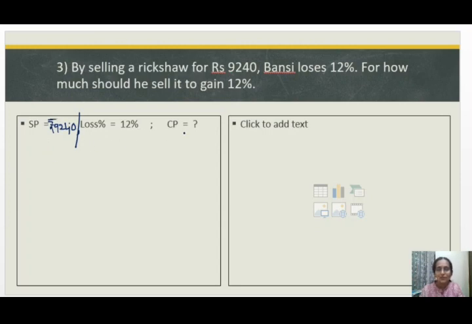He loses 12%, right? When the cost price is 100, how much will the selling price be? If the loss percent is 12, it is rupees 88, right? When the cost price is 100, the selling price will be 88.